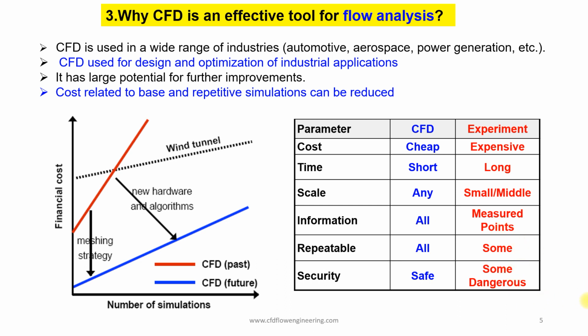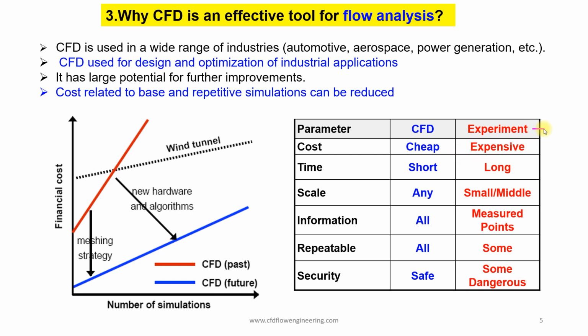What are the advantages of CFD over experiment? The cost of CFD is relatively cheap. The time required for analysis in CFD is less. We can start a simulation for a single night and get the result tomorrow.